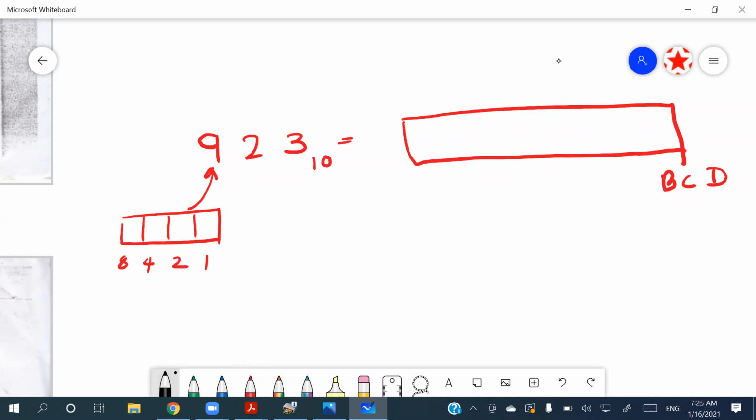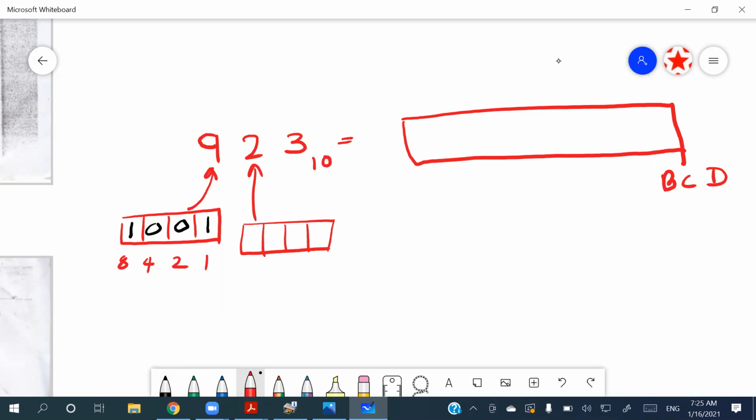So you can create 9 like 1, 1, having 0, 0. Each and every symbol is going to have a BCD code like that.